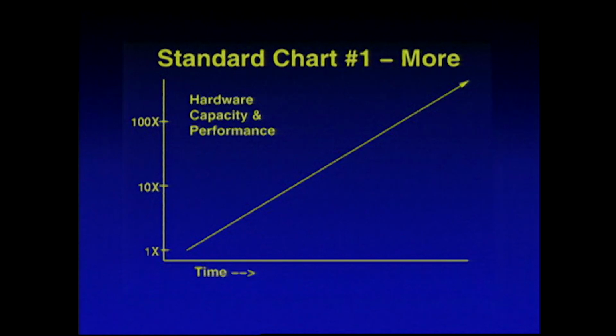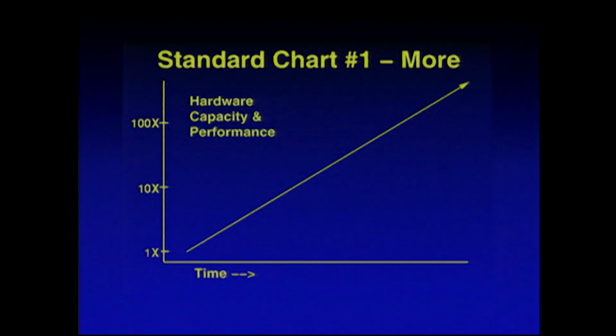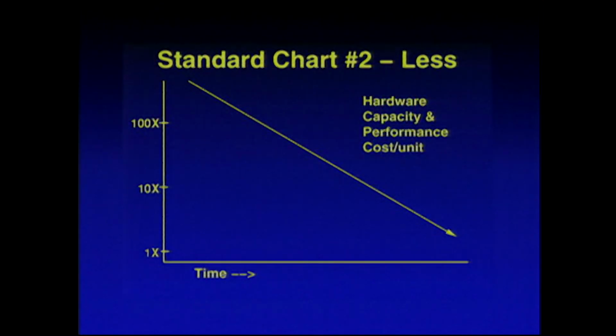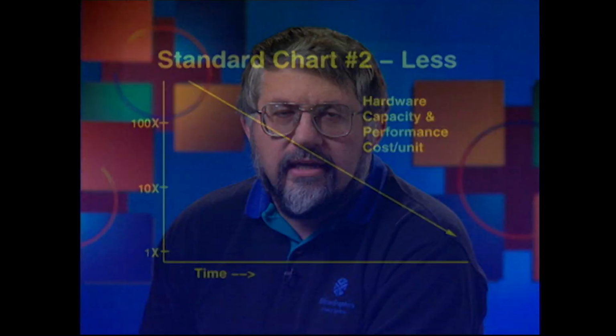That is, things, in terms of capacity and performance, tend to grow at an exponential rate over time. This could be the number of bits per disk, per DRAM memory chip, or the performance of CPUs. Now, if that one is true, so is the next one, which is less. That means that the cost for any given amount of capacity or performance tends to go down pretty quickly over time.